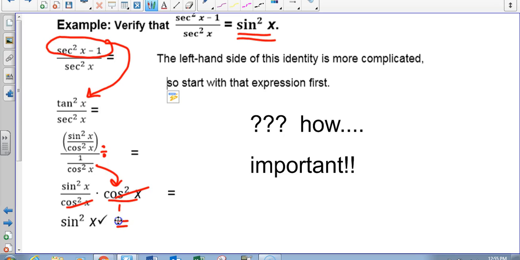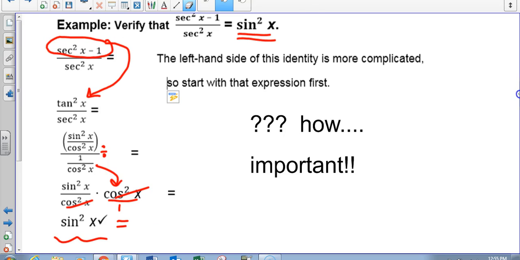I know in some teachers' classes they have you write this. Anybody know what that even stands for? It says the sine squared of x is equal to the right-hand side up here. It just stands for right-hand side, because you got the left-hand side to equal the right-hand side from up here. You don't have to write that for me.